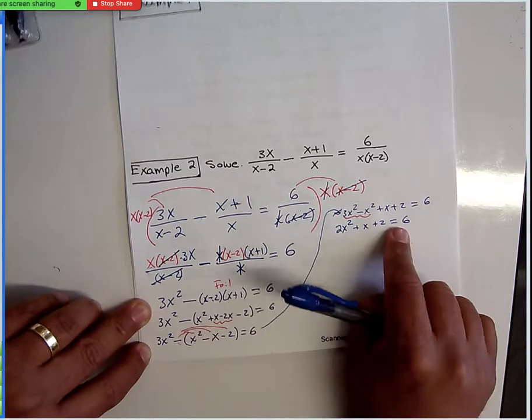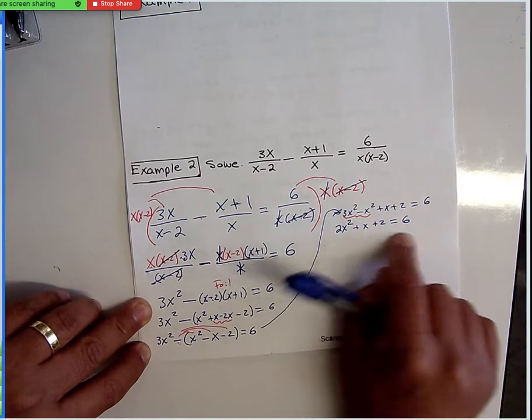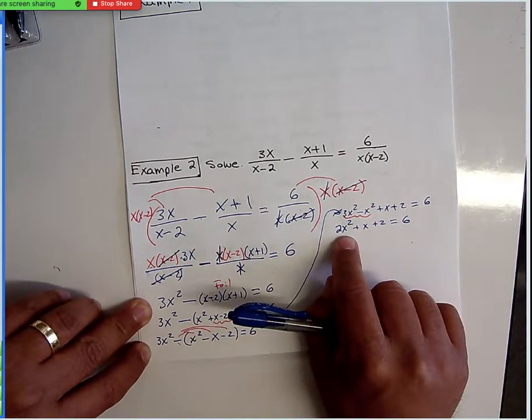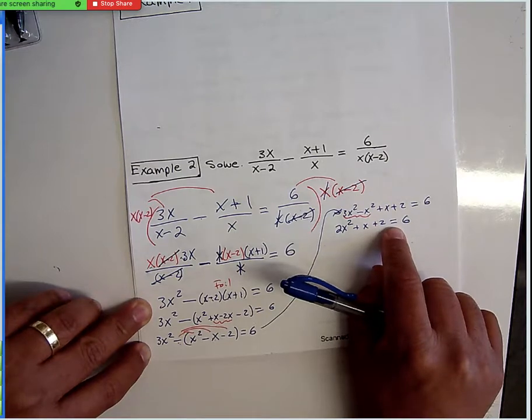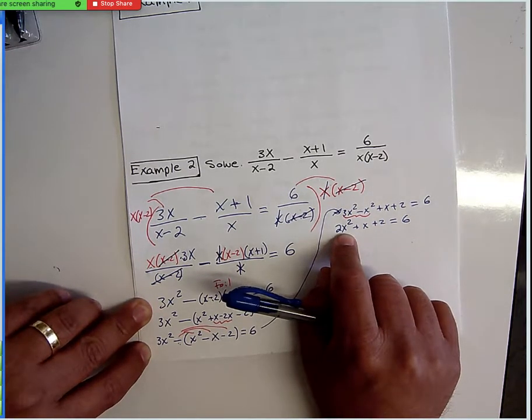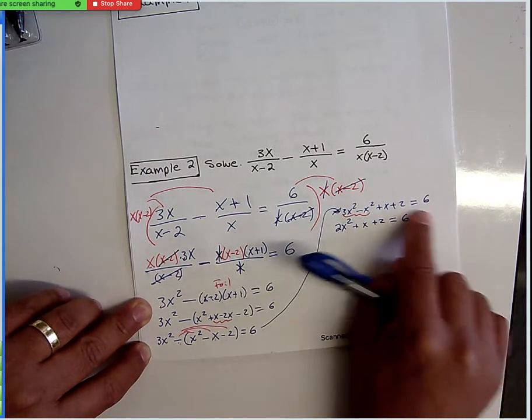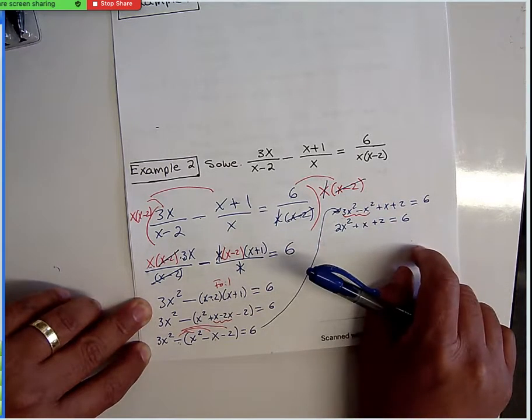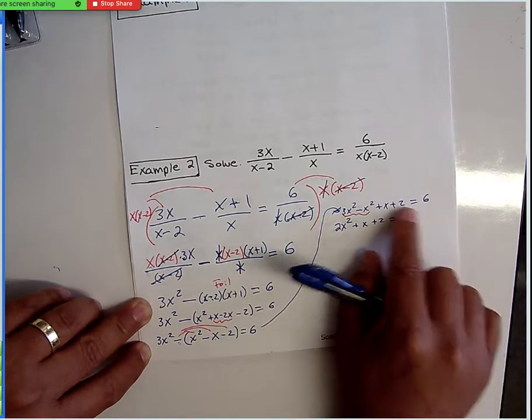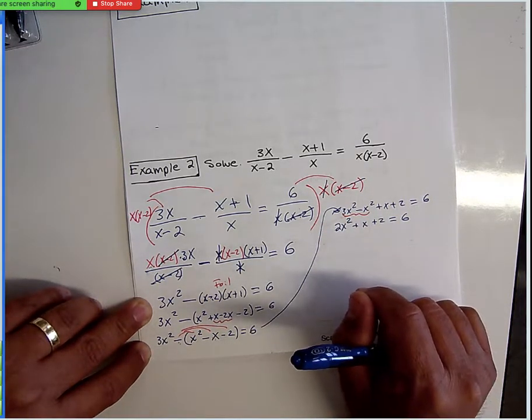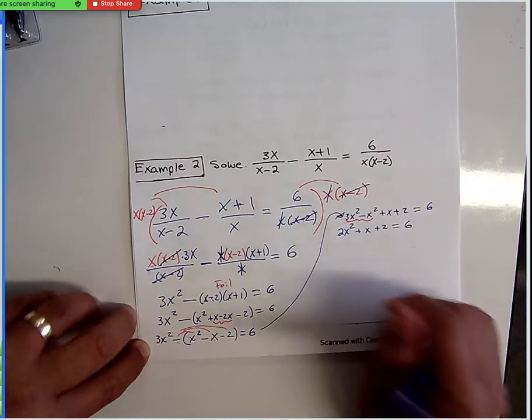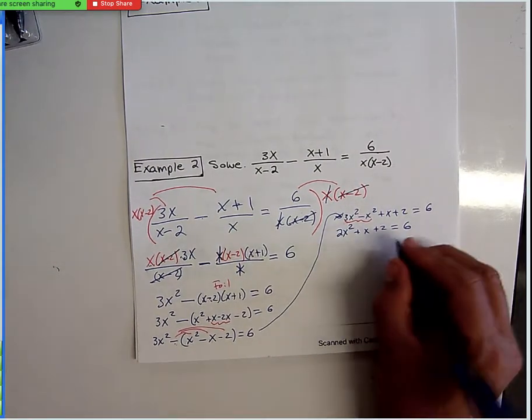Michael Salcido, what else do we need to do to this equation? Because we need to solve for x. Remember, whenever you have an equation, more than likely you're going to solve for something. So we need this to be in a specific form in order to factor it. Subtract the 6 on both sides?